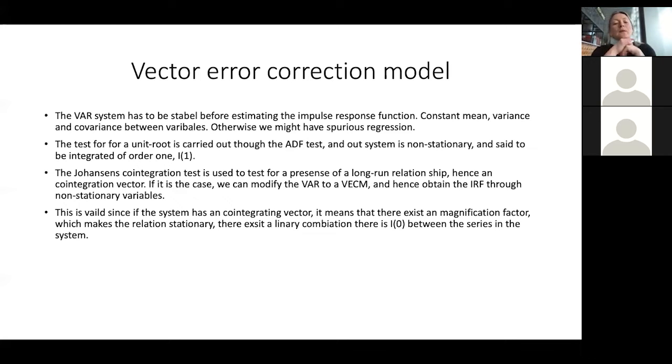And by that we mean that if the system has a cointegration vector, there exists a unique number we can multiply the variables by, so that we obtain a stationary relation between them. This linear combination is stationary and integrated of order 0, as we say when the variables are stationary.